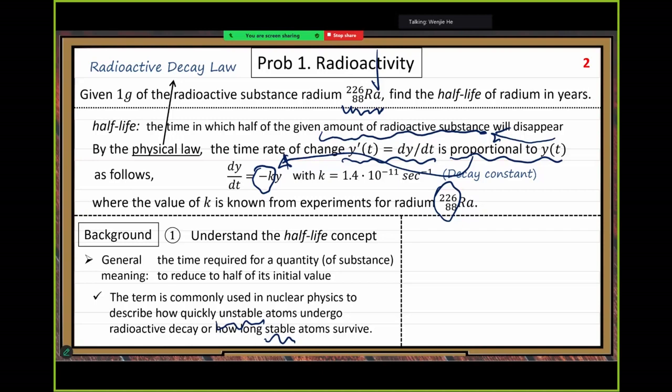Based on your intuition, should the stable isotope have a longer half-life, or the unstable one? Stable, so it decays slower. Unstable decays very fast, so it has a shorter half-life.